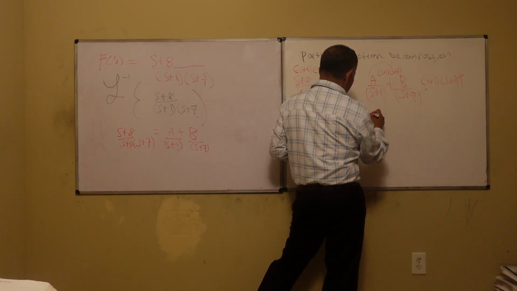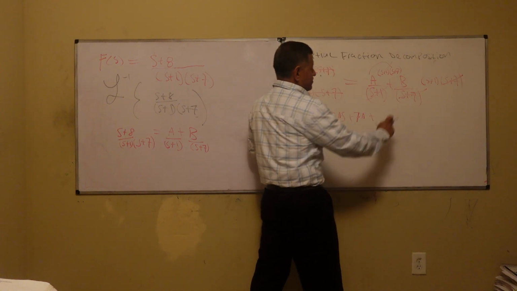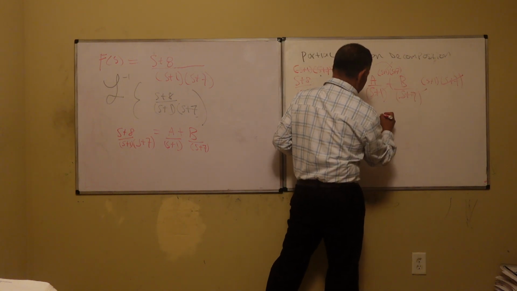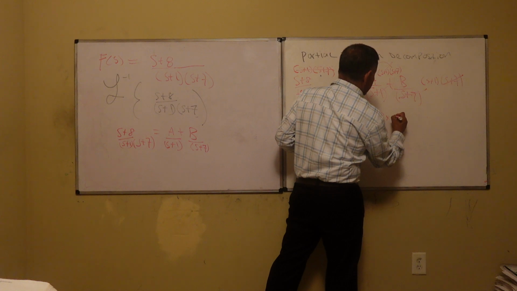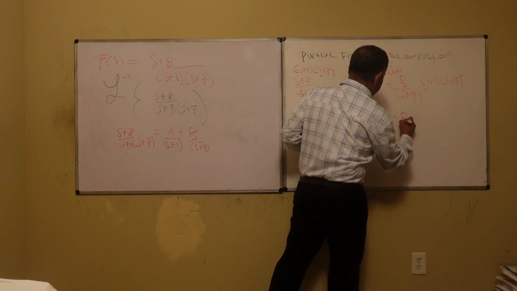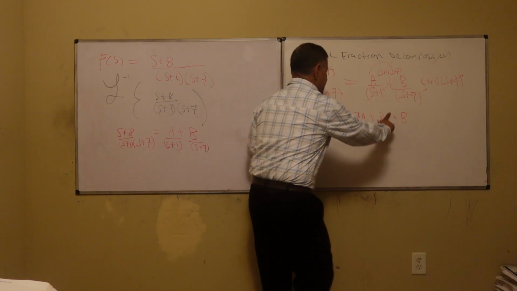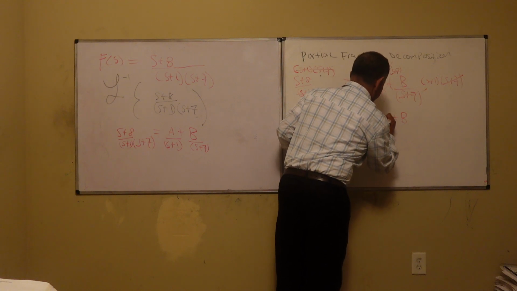So now I multiply, and then I do B. B times this, right? So it's going to be BS plus B. BS, not BX. It's BS plus B.